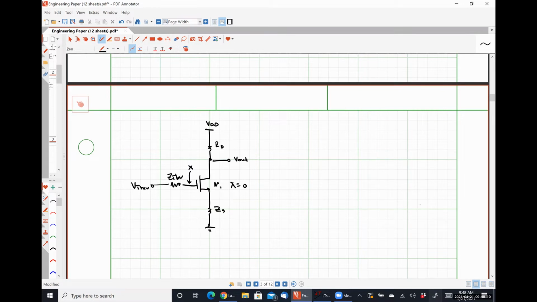Just a very simple common source amplifier that happens to have some resistance attached to the gate, and it also has degeneration.